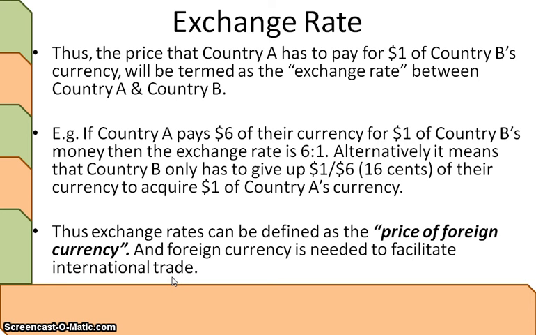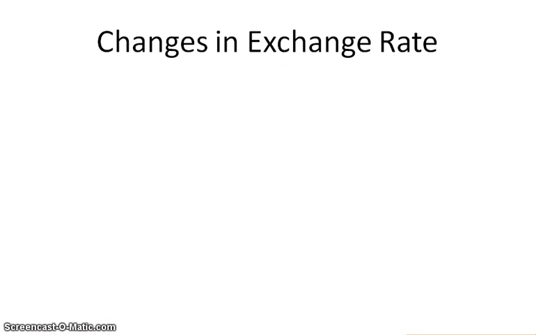Because if people want more and more of this country's goods and services, they will need that country's currency to acquire them. Therefore, you would see the exchange rate appreciating as one country's currency appreciates. And if your trading partner's currency appreciates, it means relative to yours, your currency has now depreciated.